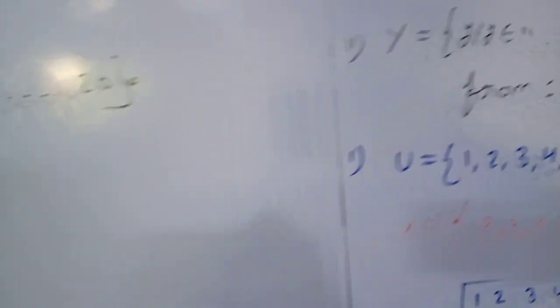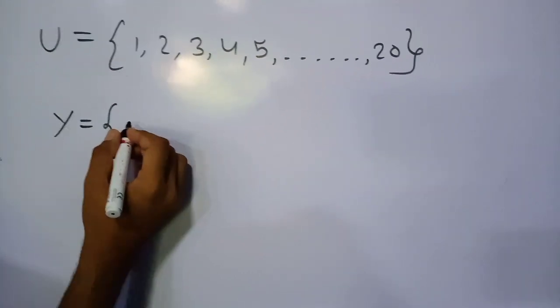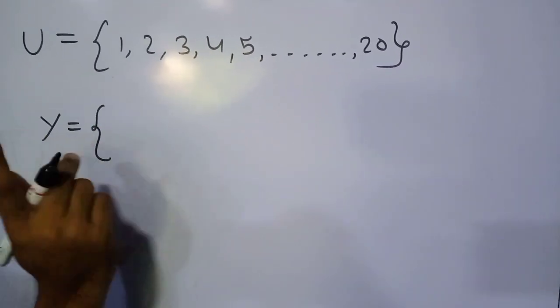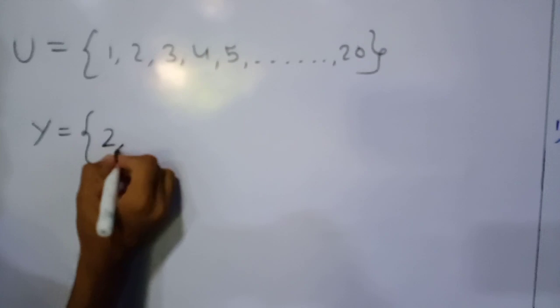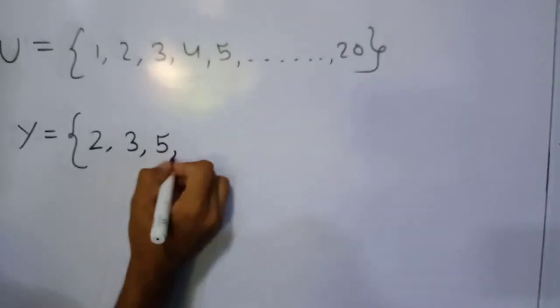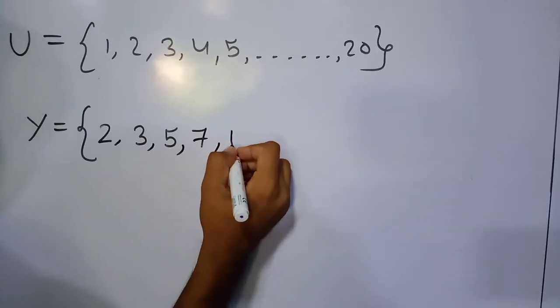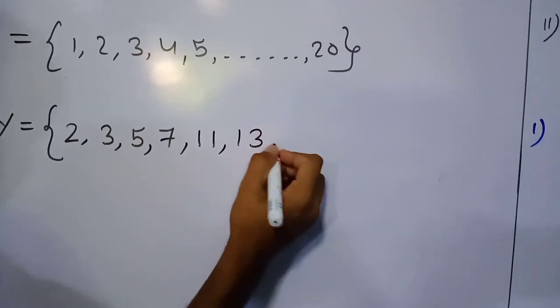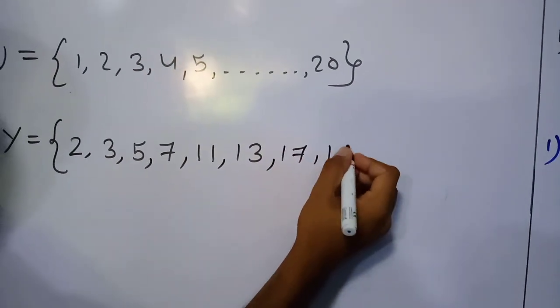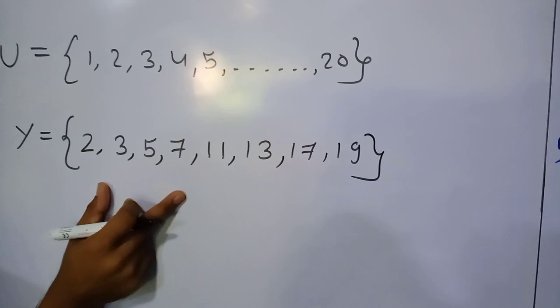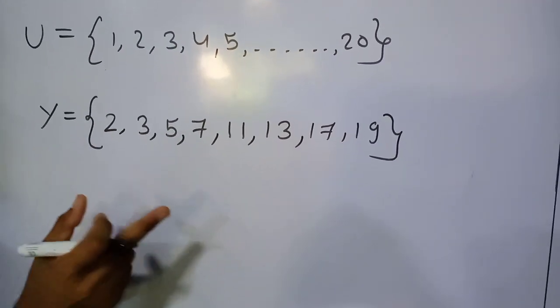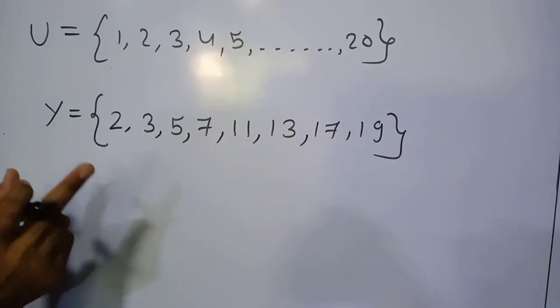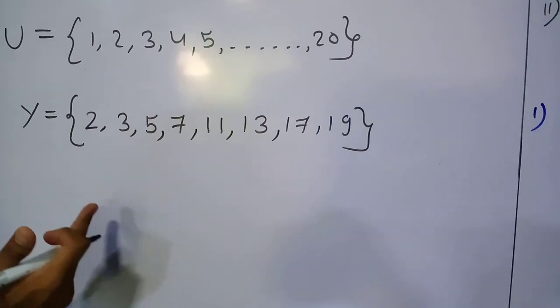So we have to list the prime numbers. 1 is neither prime nor composite. So 2, 3, 5, 7, 11, 13, 17, 19. These are the prime numbers. Prime numbers are numbers that are divisible by 1 and itself only.